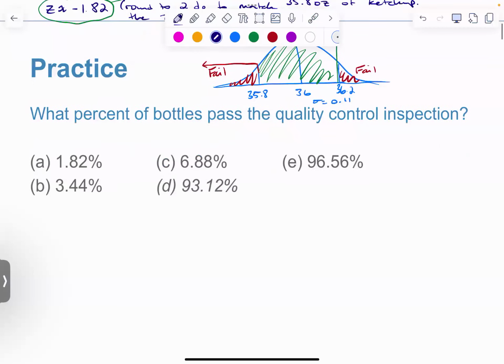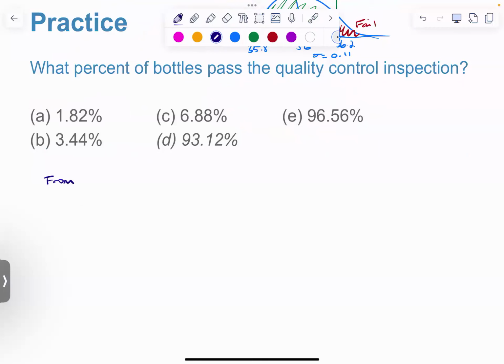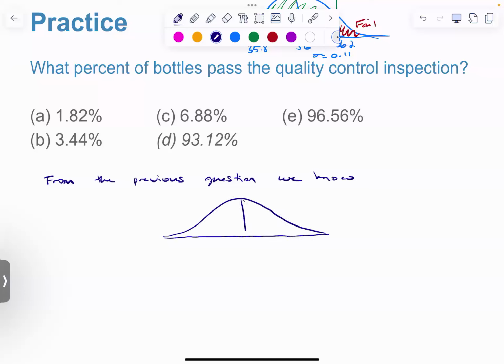So from earlier, or from the previous question, I'll say, we know this much. Mean 36, sigma 0.11, and we know, I'll do it out a little bit, 35.8. This area was 0.0344.